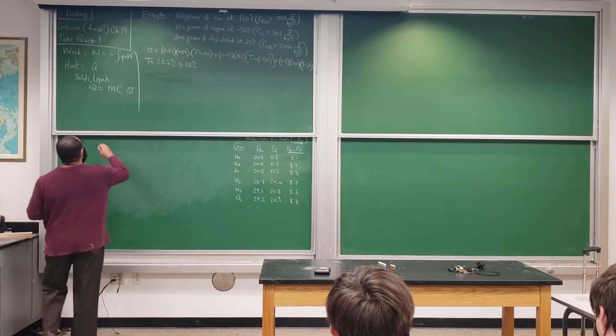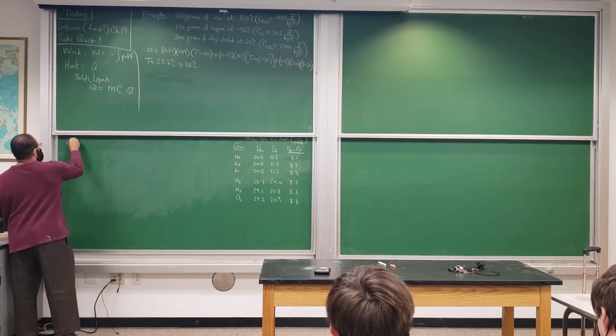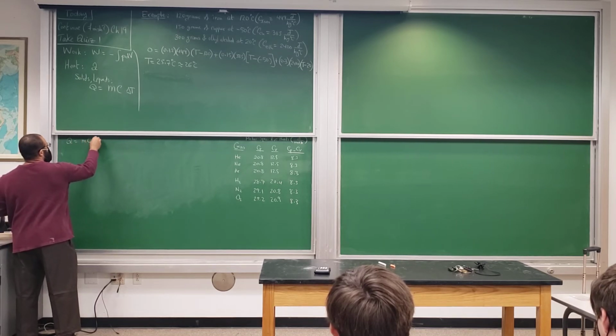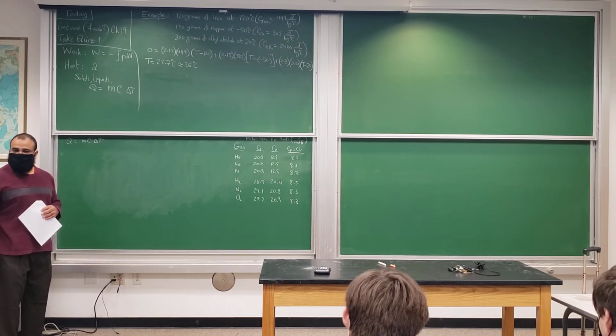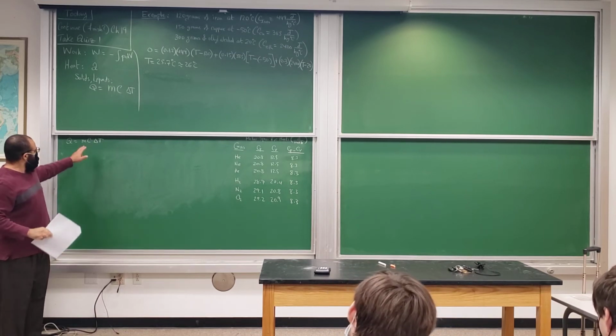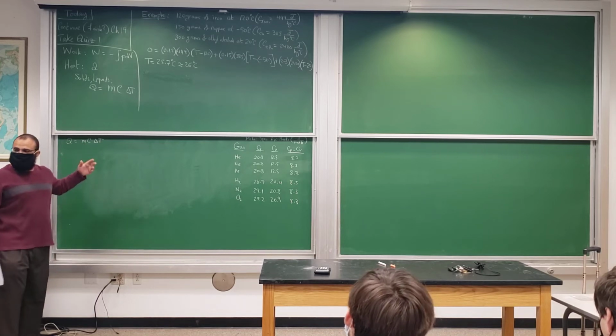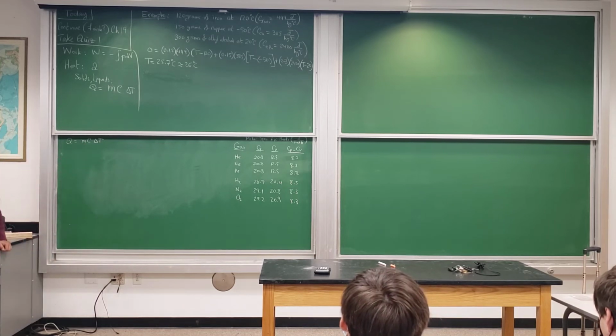So remember, Q was the mass times the specific heat times delta T, for solids and liquids. So for a gas, instead of speaking of the mass of the gas, what is it more useful to speak of? Yeah, the number of moles.